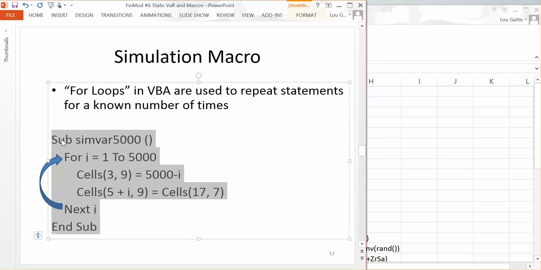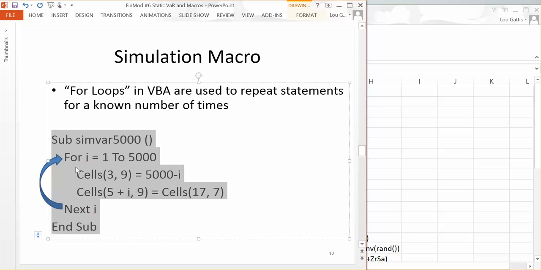So here's SimVar5000, no parameters, End Sub. For I equal 1 to 5,000, Next I, that's my loop. It's going to put in Cells(3, 9), third row, 9th column in Excel. It's going to be out here. 5,000 minus I. So the first time it runs, it's going to be 4,999, then 98, then 97. So it's going to be a countdown.